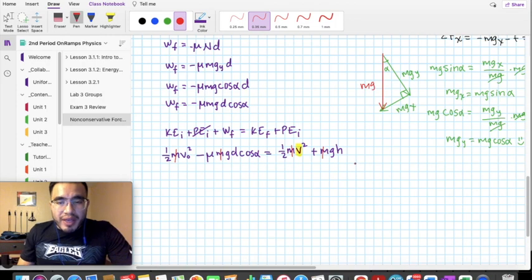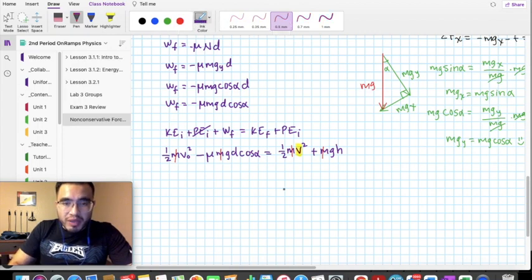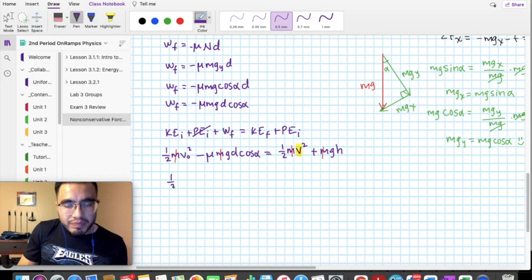Before this, we cannot cancel anything because we don't know if mass is present in every single term. Okay, but now we saw it, so we canceled it. So we have 1/2 v naught squared minus mu g d cosine alpha equals 1/2 v squared plus gh.